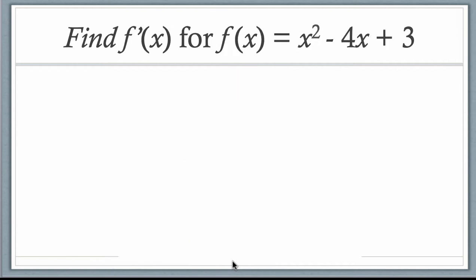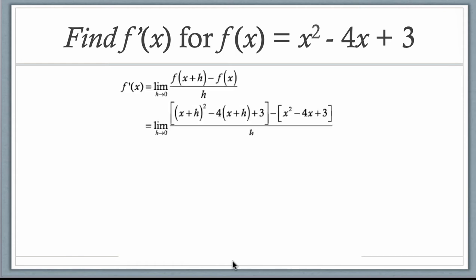Okay, let's look at a slightly different example. Let's find f prime of x for f of x equals x squared minus 4x plus 3. Once again, here's my formula, and I'm going to enter all my pieces in. I use these square brackets to keep that first section, the f of x plus h, separate from the f of x part.